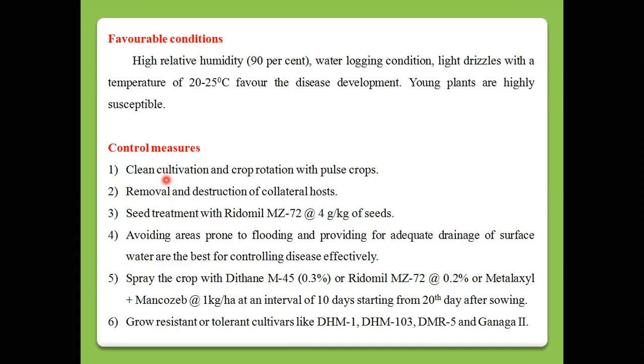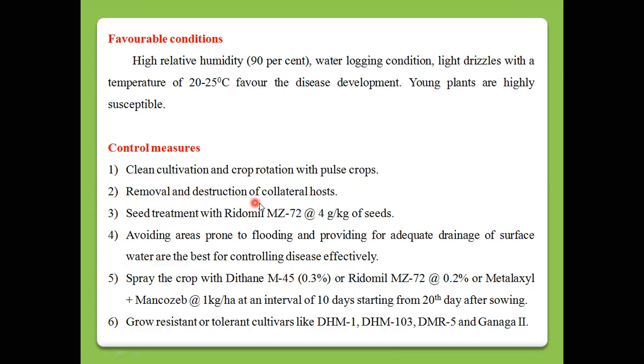So it is necessary to clean the cultivation to avoid the primary inoculum in the particular field. Then crop rotation with pulse crops. Crop rotation means they do not grow maize year after year in the same field.